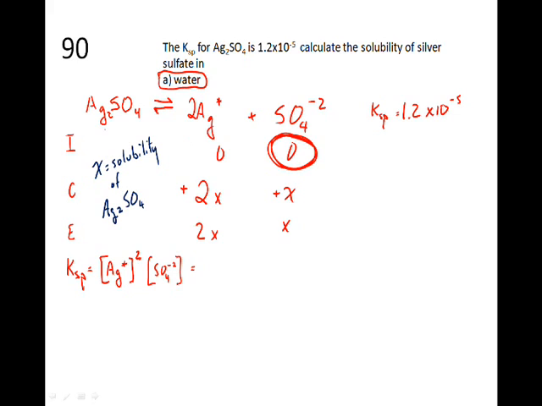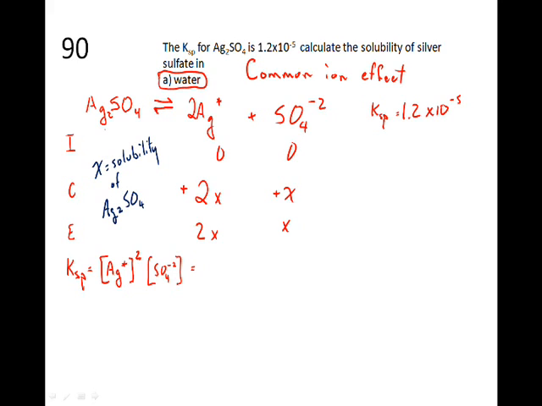And so that's going to be a common ion that's added to this equilibrium. And that is going to cause a change in the amount of silver sulfate that will dissolve. And so that's what you want to pay close attention to. This is referred to as the common ion effect.